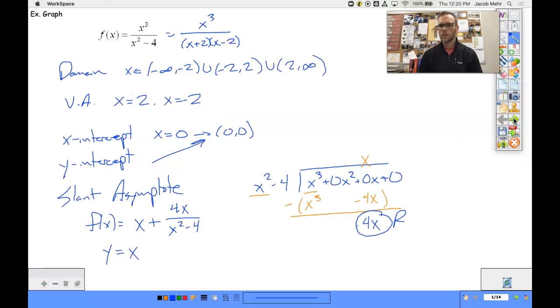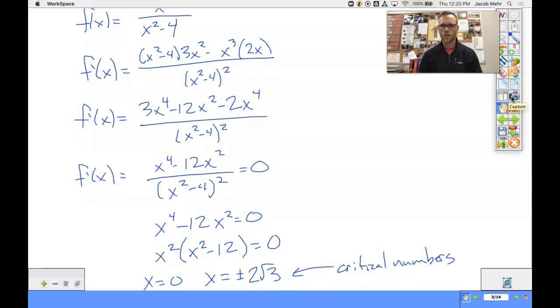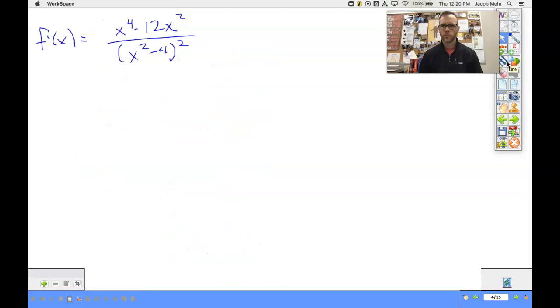which would be inflection points, points of inflection. All right, so here is our first derivative. We need to take a second derivative. Quotient rule again.